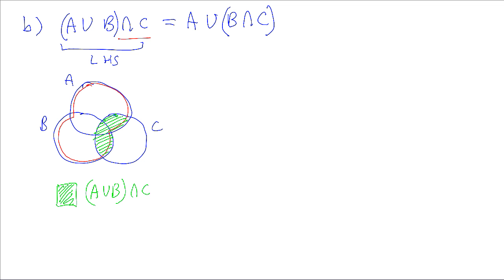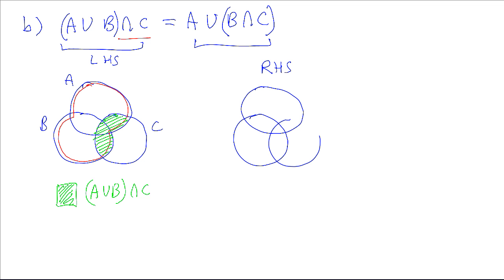Okay, I'm going to draw the complete, the most general situation of sets A, B, and C, and I'm going to go ahead and do B intersect C first. I'll do that in red. B intersected with C is this red region, okay, and then I'm going to union that with A, and I'll color that in with green. So I'm going to take A and union that with this thing in red.